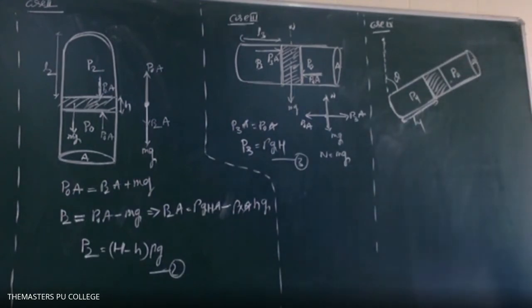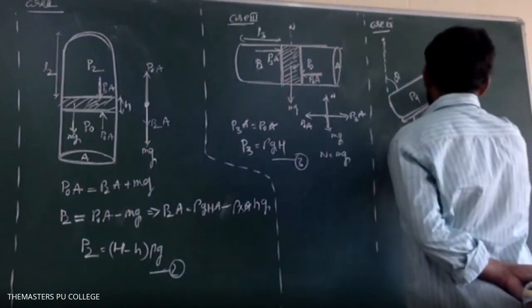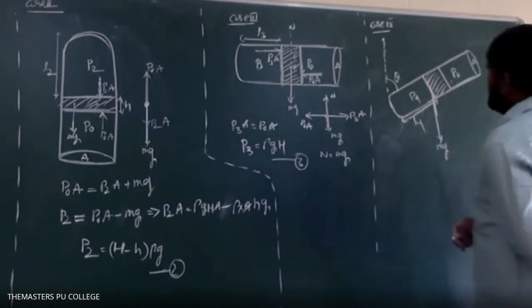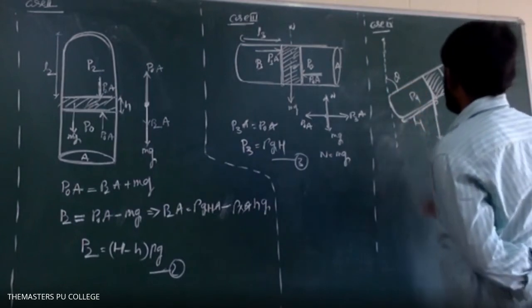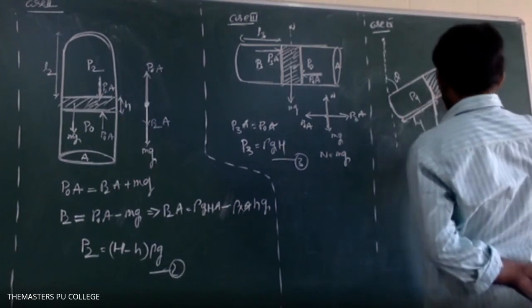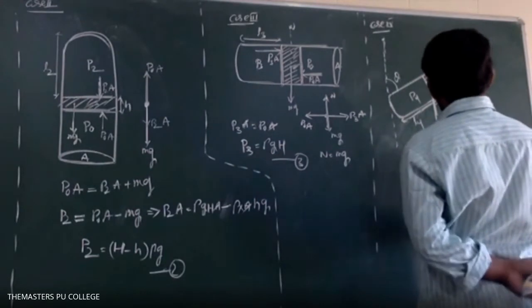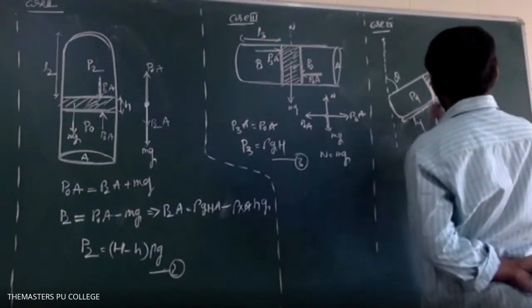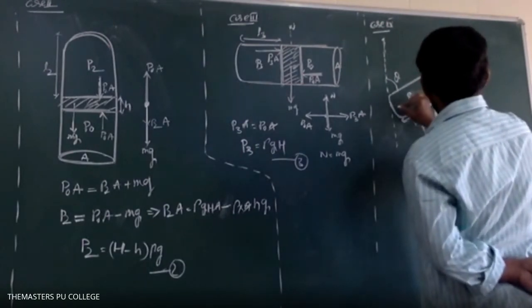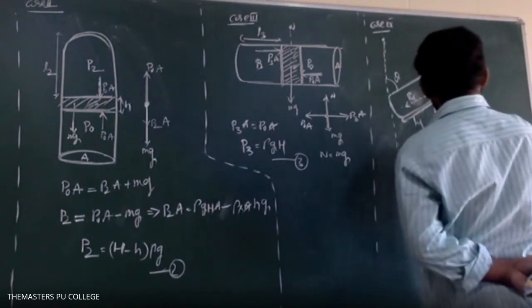Now what are the forces that are acting? Weight is acting in the downward direction only. Resolving it into these two components, this is one of the components, and this is the other component.